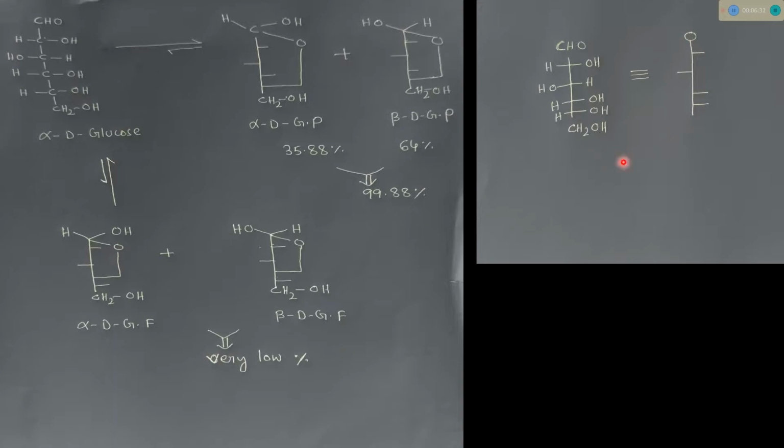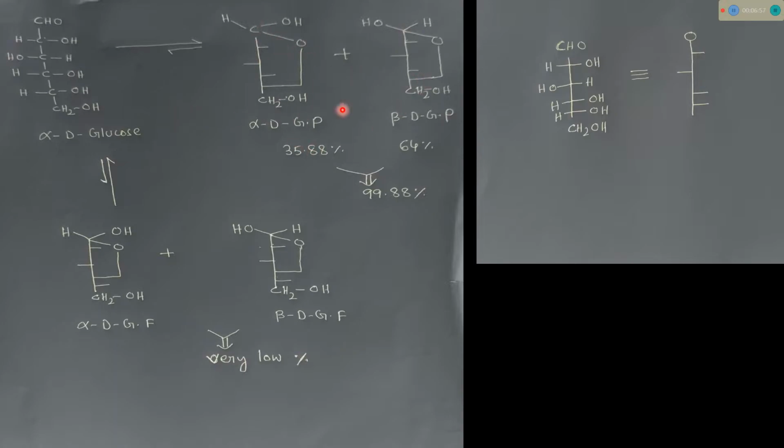So now let's start the main point. We all know that in nature all the carbohydrates like glucose, fructose, they all exist in the maximum portion, more than 99%, in cyclic form. These are the cyclic forms, we all know.